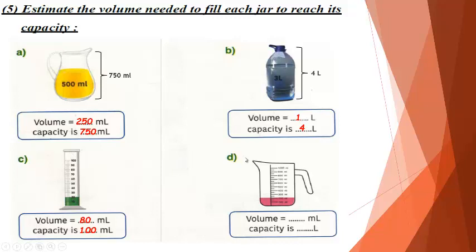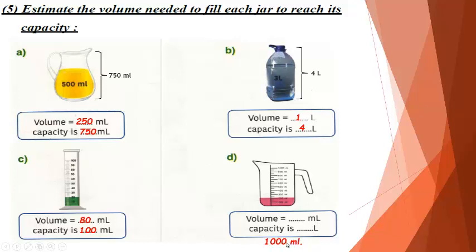The last one, the volume needed and the capacity. The capacity of the whole cup equals 1000 milliliters. This capacity equals how many liters? If you remember, we say that 1 liter equals 1000 milliliters.